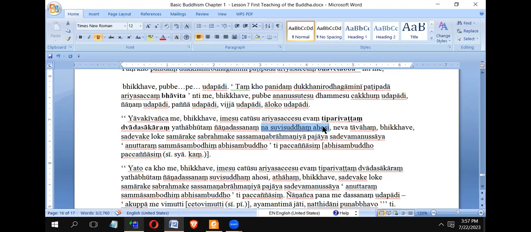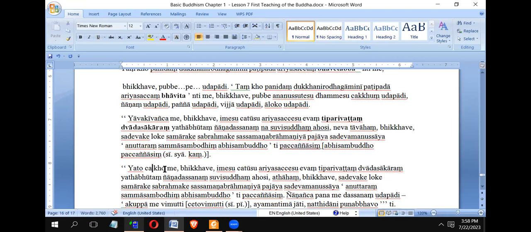Su is thoroughly, purified. Okay. So it is neva tavaham, I will not... sadevake loke samarake sabrahmake sassamanabrahmaniya pajaya sadevamanussaya anuttaram sammasambodhim abhisambuddhoti paccannasim. You will not claim. This is also another verb.